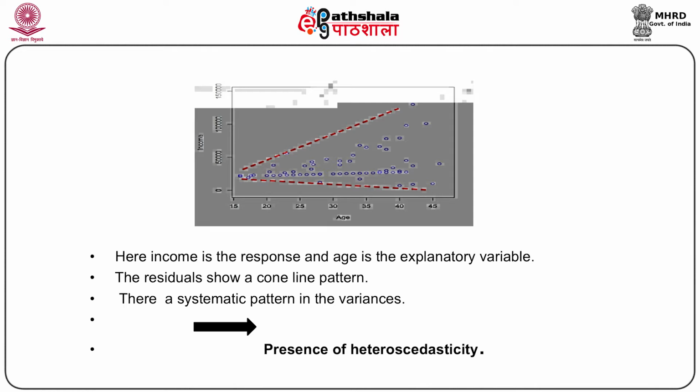When we plot the square of the residuals, it shows a cone-like pattern, which means as the value of age increases, the variances or the square of the residuals increase. Thus, there seems to be a systematic pattern in the variances. This is evidence of the presence of heteroscedasticity.